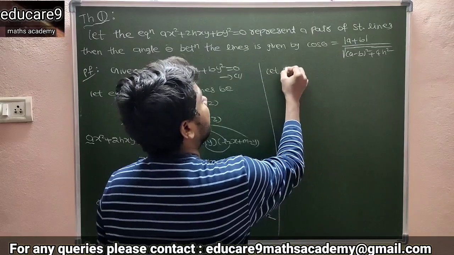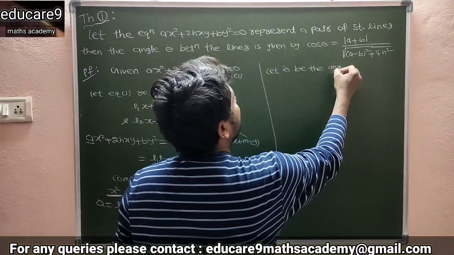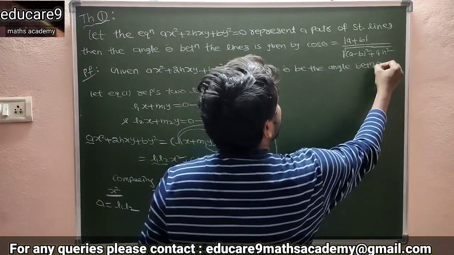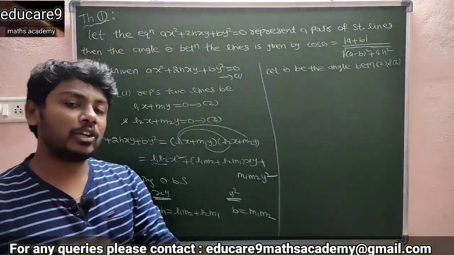Now let theta be the angle between equation 2 and 3. So you know the angle between two lines.